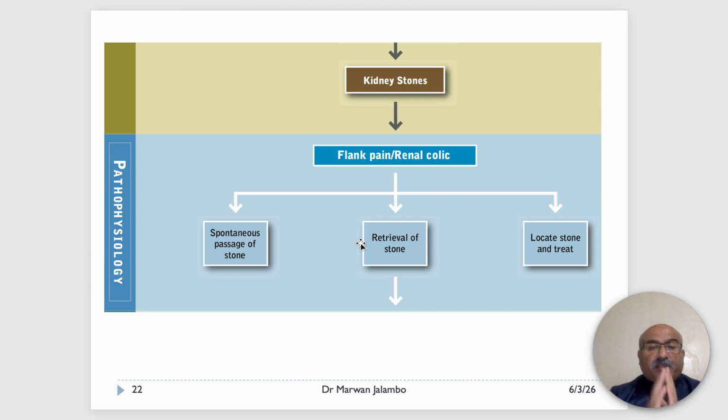The main symptoms: the stone drops from the kidney into the urinary tract, causing flank pain, renal colic. This is the classic severe pain in the lower back or side that comes in waves.